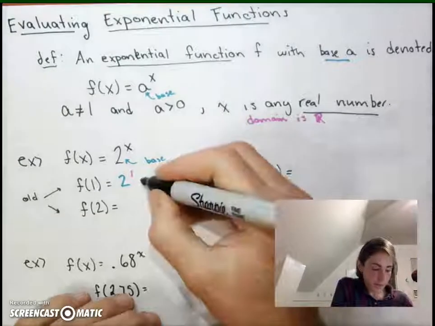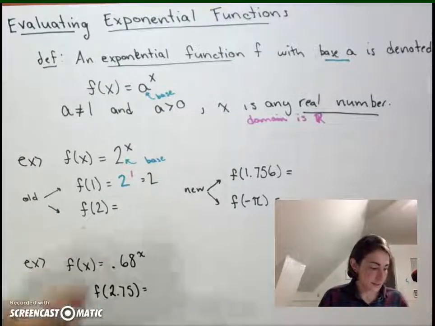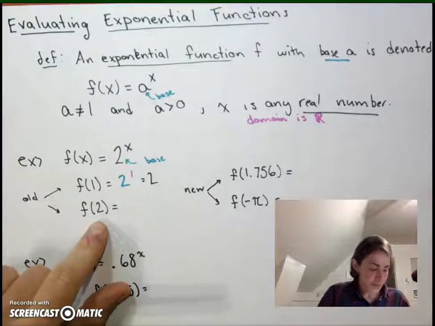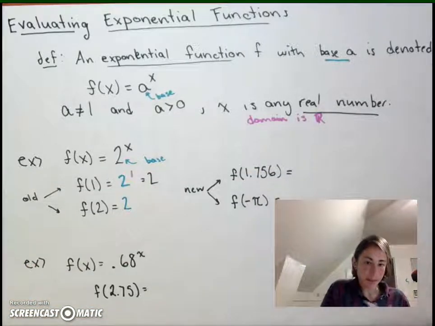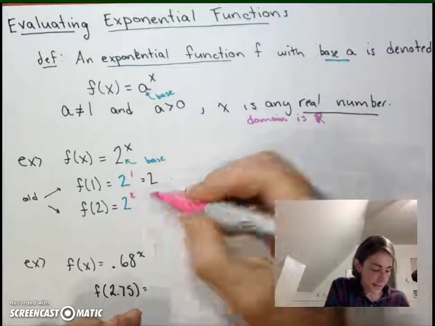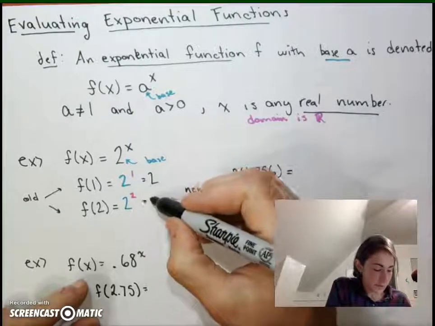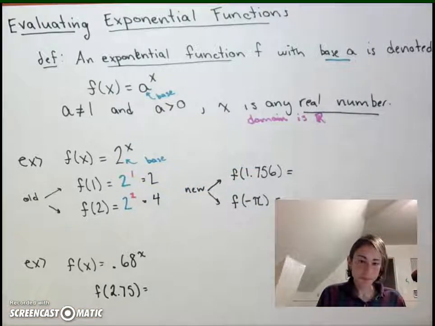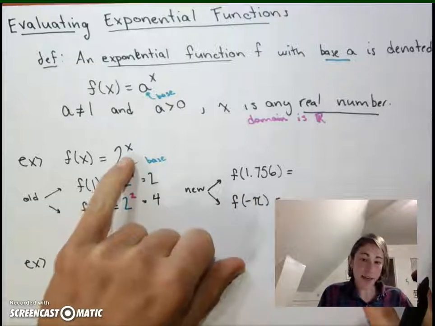Well, 2 to the 1 is just 2, because anytime we raise something to the first power, we get the same thing back. f of 2 is going to be 2 to the 2, and that gives us 4.